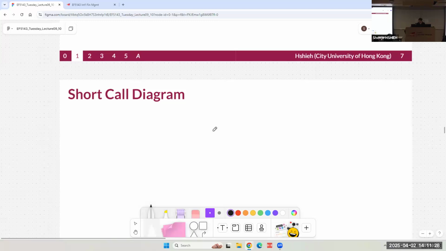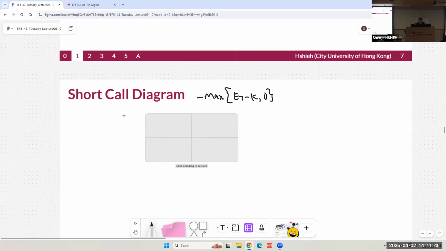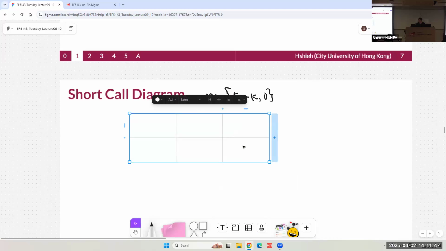All right, so let's talk about what that looks like. This is minus max ET minus K. Again, the only difference here is just the minus sign, right? But in any case, let's just be complete and also do a payout table.